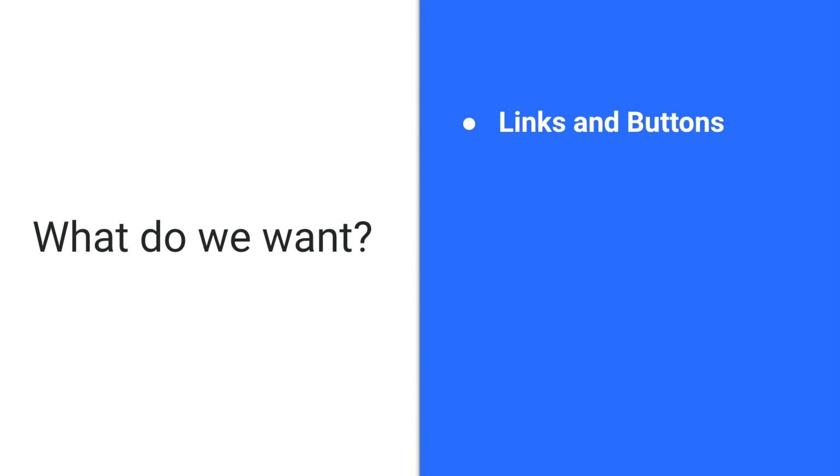So one thing that I thought a lot about was the need to have links and buttons. Links are things that in markup take us somewhere. They go to a place, a different page, a different part of the page, whatever. A button is an actionable thing.